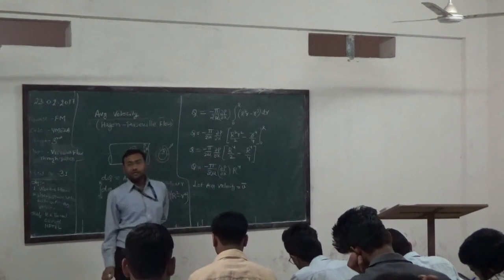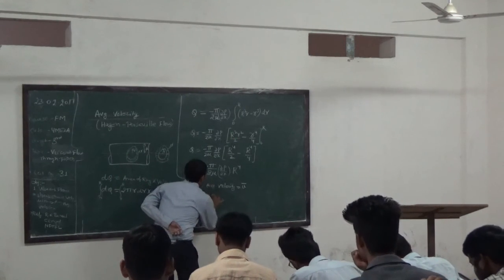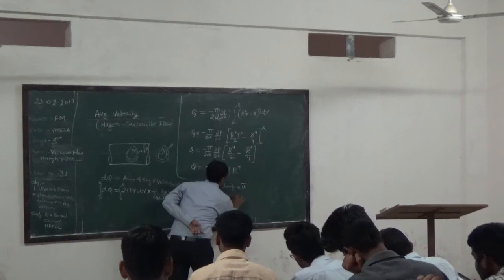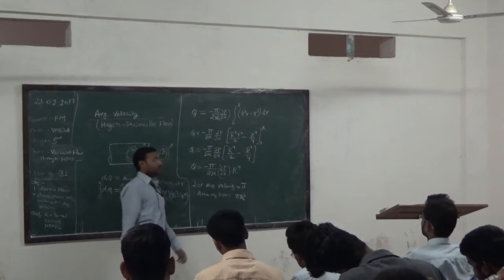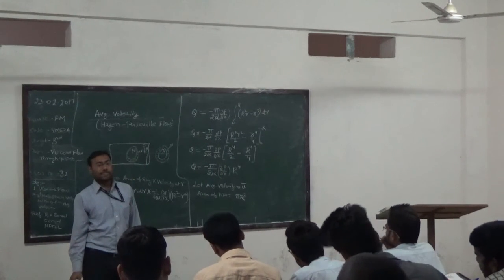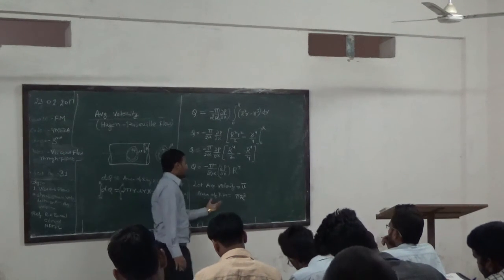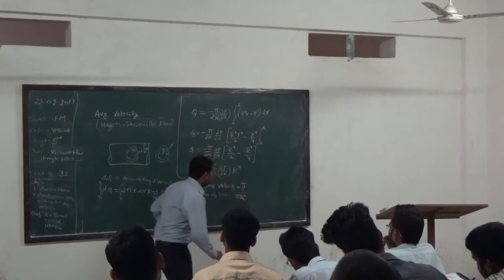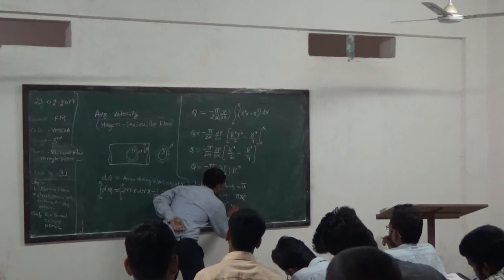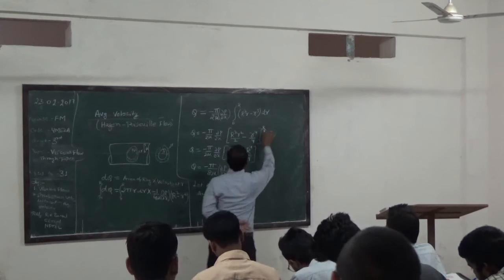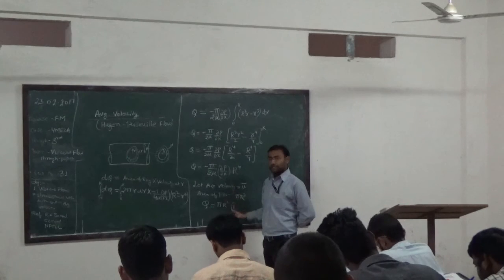This bar sign represents the average velocity and area of pipe will be pi capital R square. So area of pipe is this, average velocity is this, then the discharge must be area into velocity, pi R square into u bar. So this discharge must be equal to this discharge. So just compare these two equations.